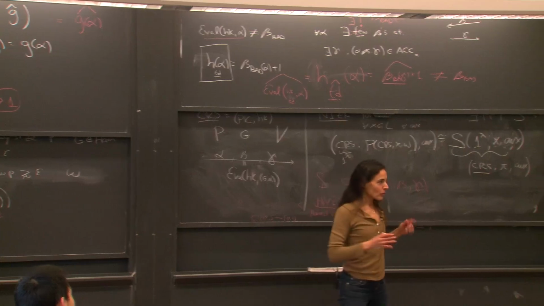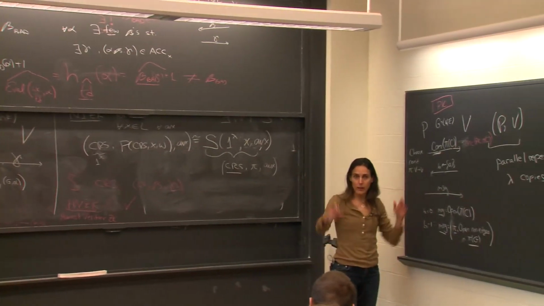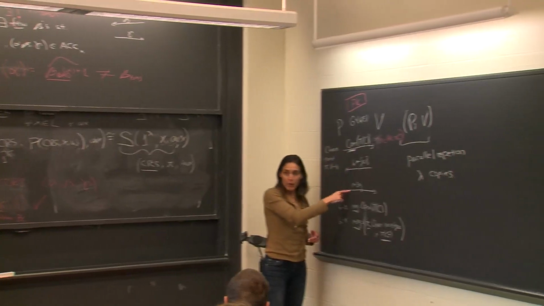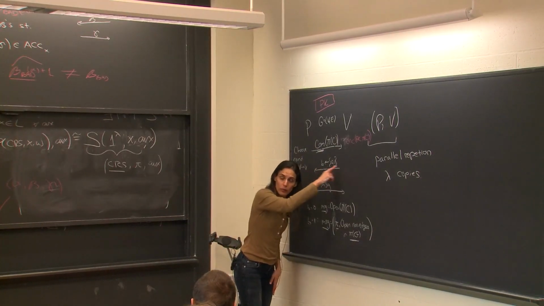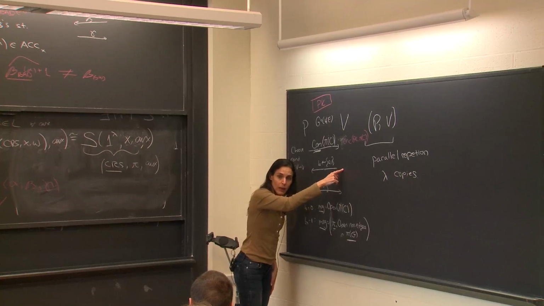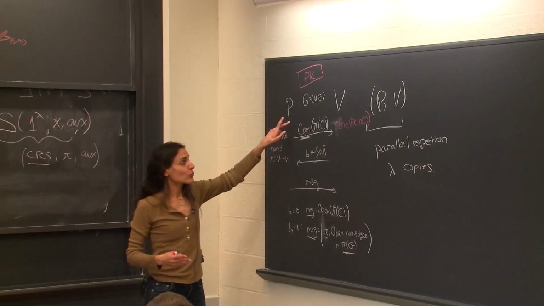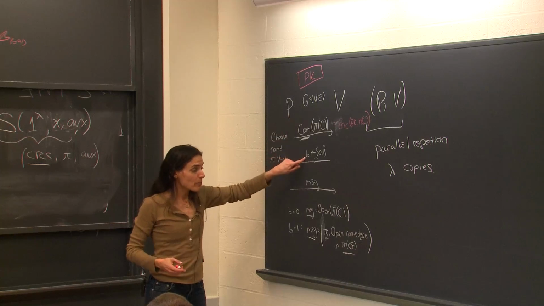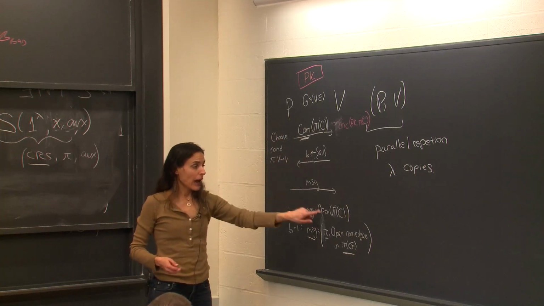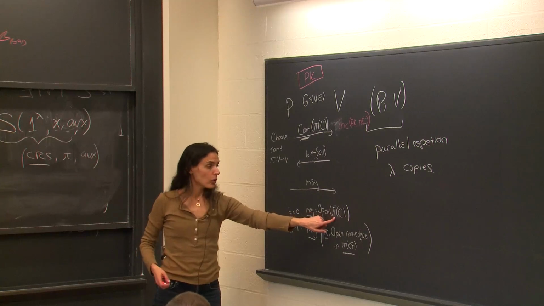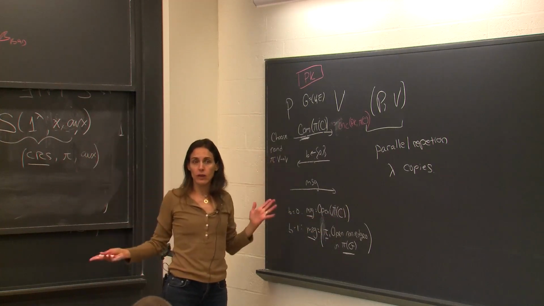Let me repeat it. How do I generate this transcript repeated lambda times in parallel? I need to generate alpha, beta, gamma that looks real. I'm going to first generate the beta, so B1 up to B lambda. That's the first thing. Then I'm going to generate alpha. I'm going to take it out of order. How do I generate alpha? Well, if the B corresponding to, let's say, the first alpha was 0, I know I need to open to the Hamiltonian cycle, so I'll commit to a random Hamiltonian cycle.